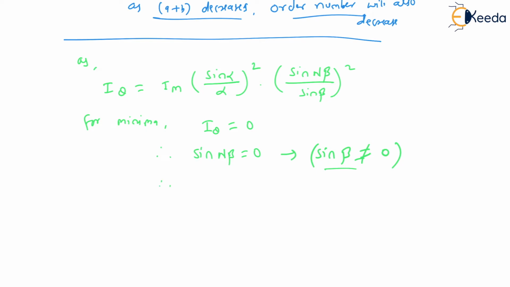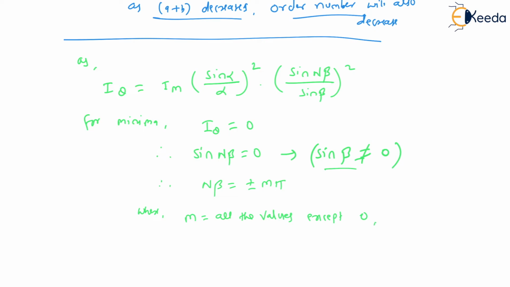So here, sine n beta is 0, then n beta will be equal to plus minus m pi. Now remember, here m will take all values except 0, because that will be for central maxima.